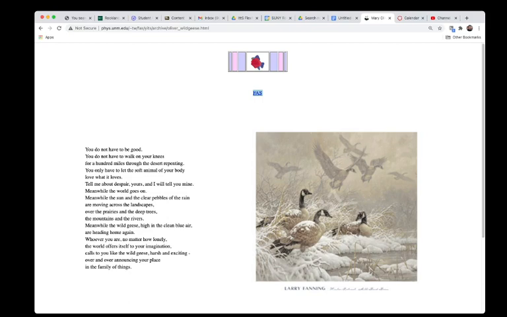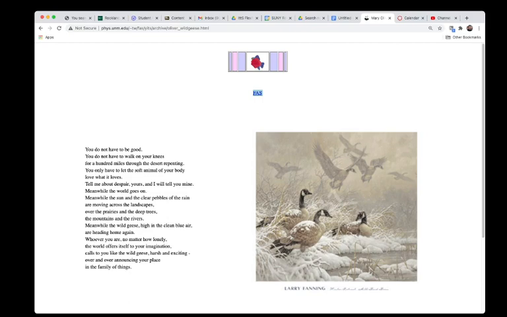I'll read it out loud. You do not have to be good. You do not have to walk on your knees for 100 miles through the desert repenting. You only have to let the soft animal of your body love what it loves. Tell me about despair, yours, and I will tell you mine. Meanwhile, the world goes on. Meanwhile, the sun and the clear pebbles of the rain are moving across the landscapes, over the prairies and the deep trees, the mountains and the rivers.